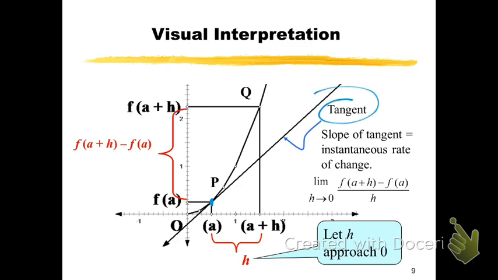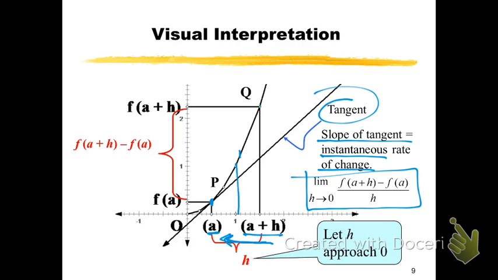We want to find the slope of this tangent line, which gives me the instantaneous rate of change, which we said is represented by taking the limit of this difference quotient. Again, we have some a and a plus h. We want that h to get smaller and smaller, which means it's getting closer and closer to a. So it went from here to here to here till I'm so close that I'm only going through at one point, and it's the slope of the tangent line.